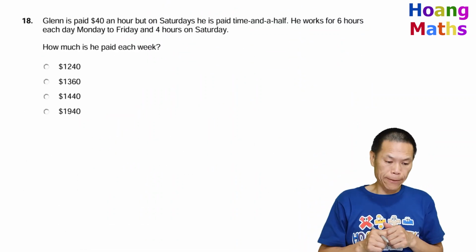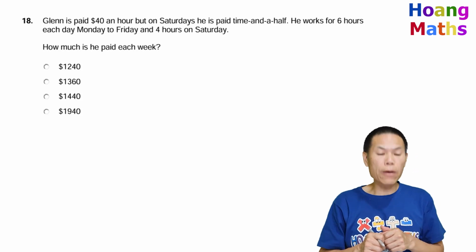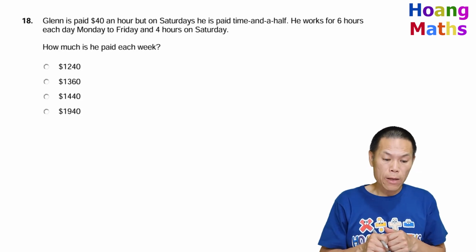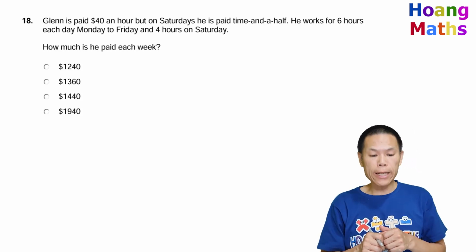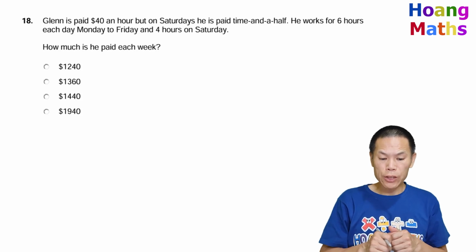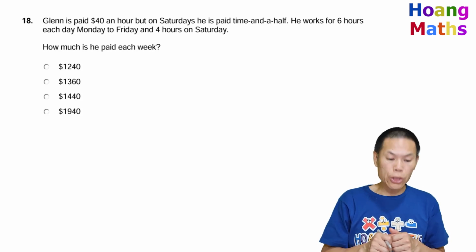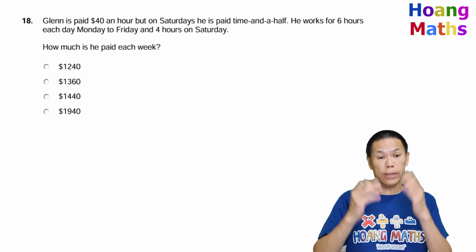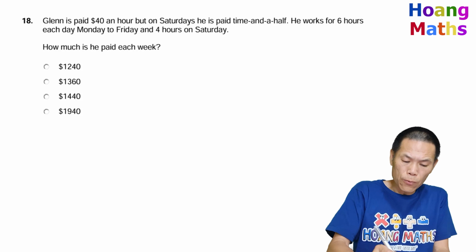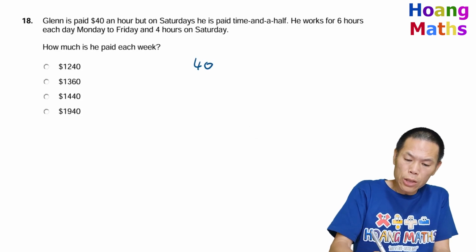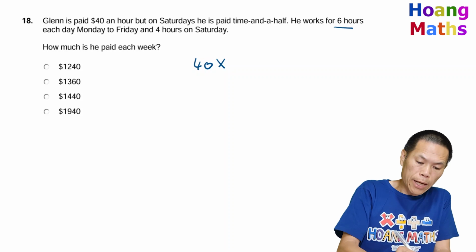Question number 18. Glenn is paid $40 an hour, but on Saturday, he is paid time and a half. He works for 6 hours each day, Monday to Friday, and 4 hours on Saturday. So first of all, $40 we times because 6 hours Monday to Friday.